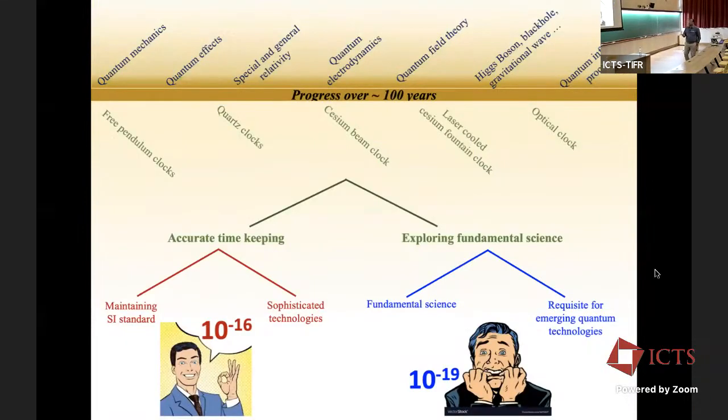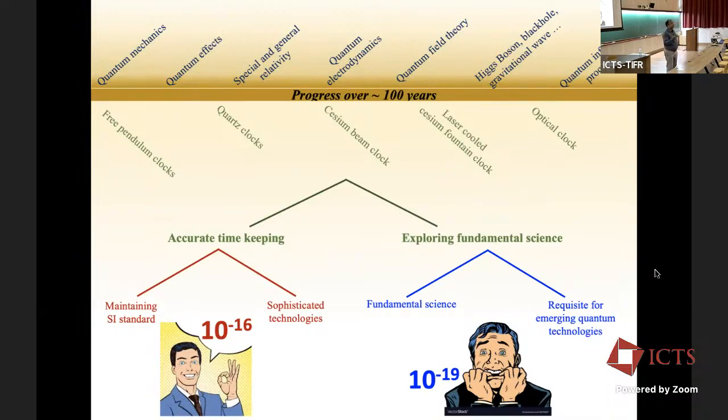10 to the power minus 16 is good for many purposes, but not for all. So the optical clock was developed, and they have reached about 10 to the power minus 19. They will be very useful for advanced purposes like quantum communications.